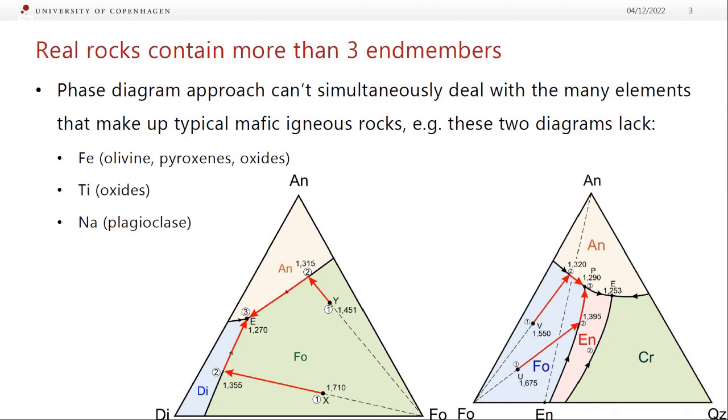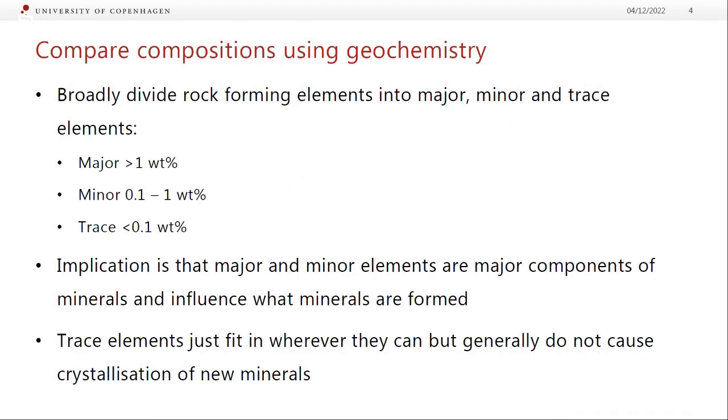The olivine is obviously not all pure forsterite. We have some iron, which also goes into pyroxene oxides. And then, of course, the plagioclase: we did look at a plagioclase binary, but when we look at this ternary diagram, we're just dealing with anorthite. So we're missing some of the complexity from real rocks here.